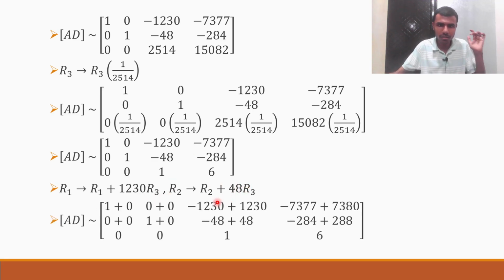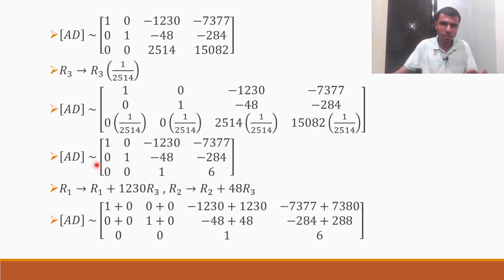If you do it, this is what you'll get. R1 plus 1230 R3: 1 plus 0, 0 plus 0, minus 1230 plus 1230 into 1, that means plus 1230, and minus 7377 plus 1230 into 6, so you would get 7380.